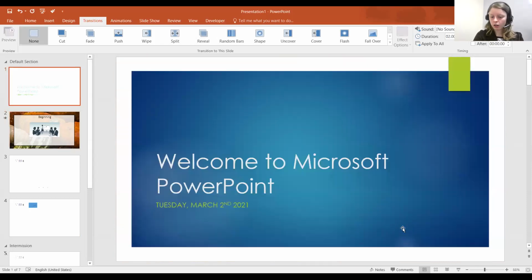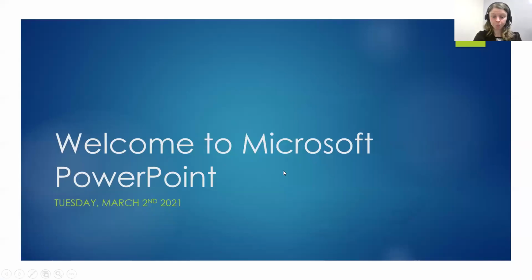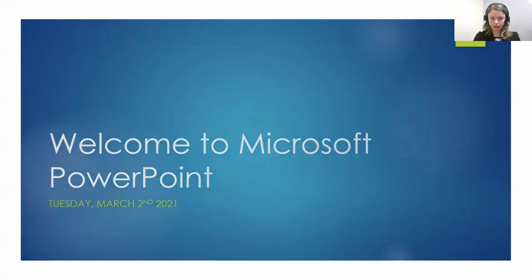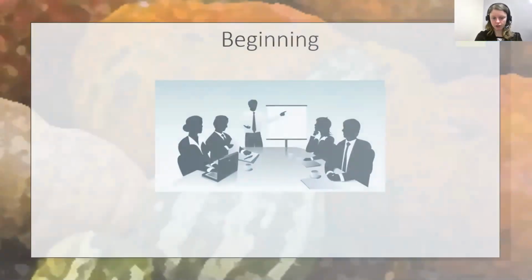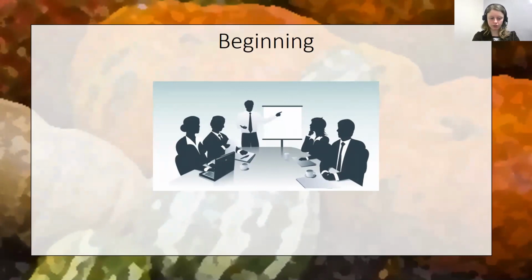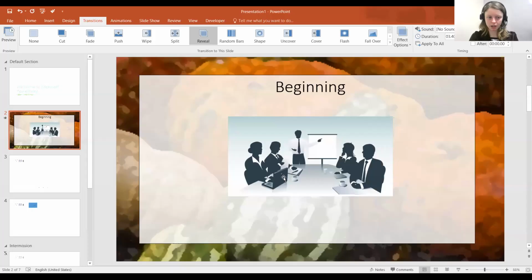So if I click the little present mode here, and now I click the right arrow to go forward into the next slide, it'll add that transition animation into the slide. So this is kind of an interesting way of making slides more dynamic. But as I said, some are very silly.